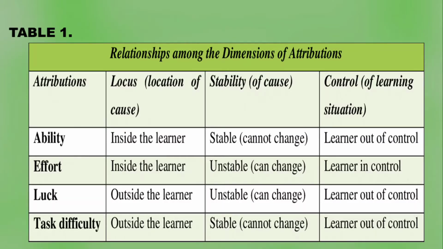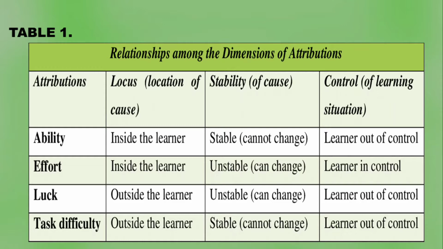Table 1. Relationships among the dimensions of attributions. In the first column, the attributions; second column, the locus or location of cause; the third column, stability of cause; the fourth column is control of learning situation. Ability: inside the learner, stable, that cannot change, and learner out of control.